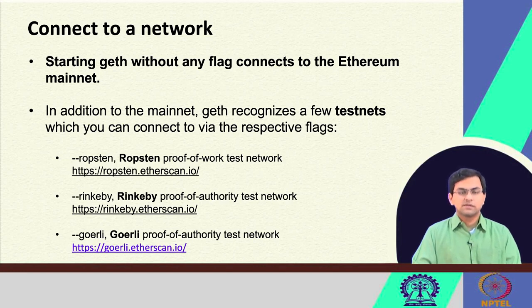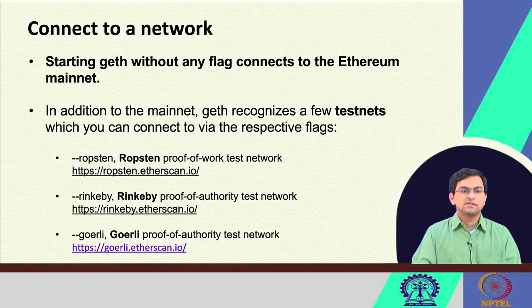The Go Ethereum client by default recognizes the following 3 test networks, and possibly more. You can refer to the documentation to get more information, but these 3 are the most popular ones. The first one is Ropsten, the second one is Rinkeby, and finally Goerli.